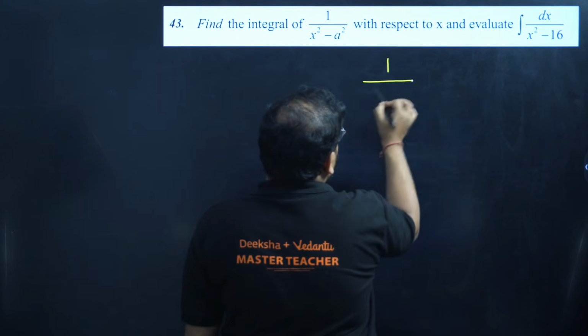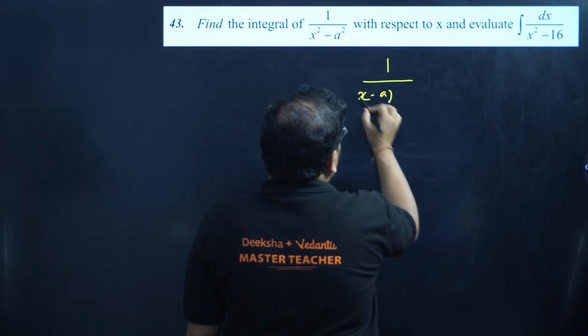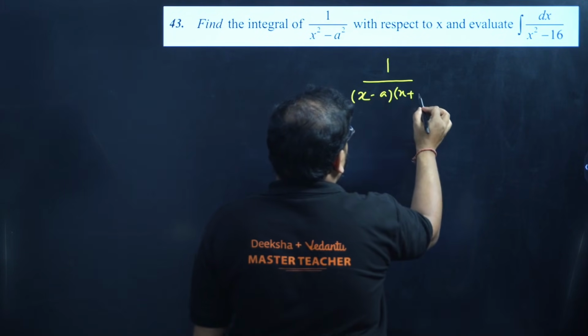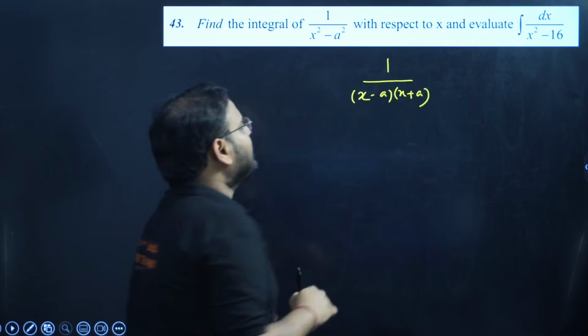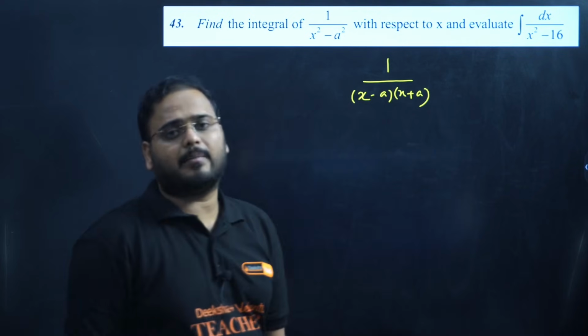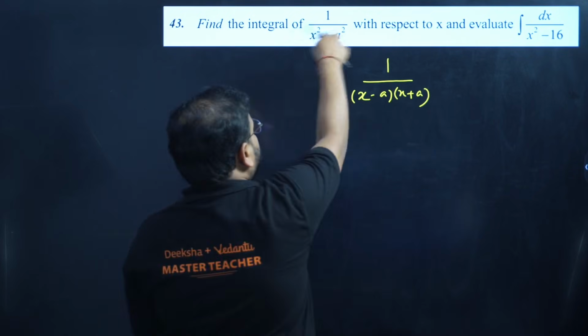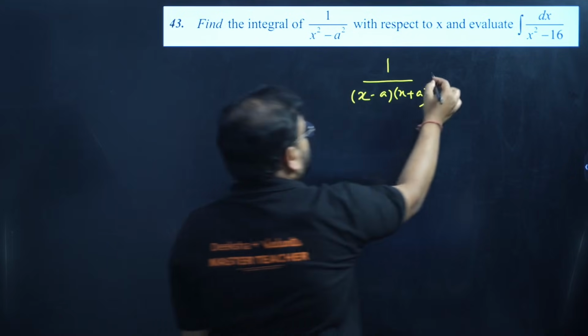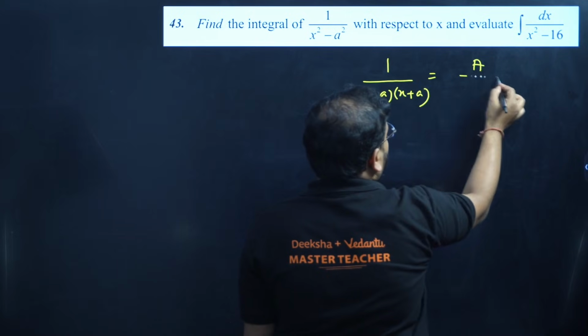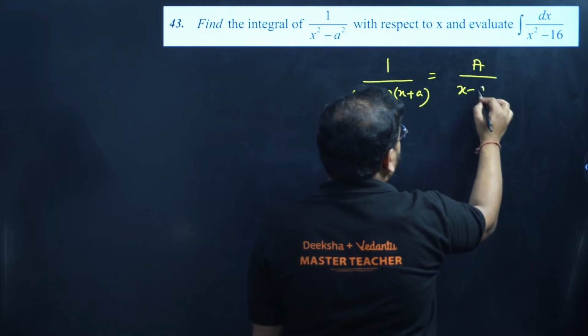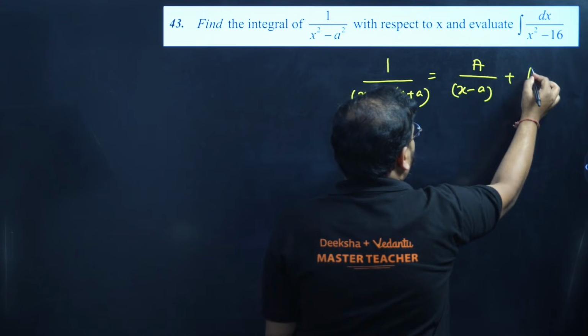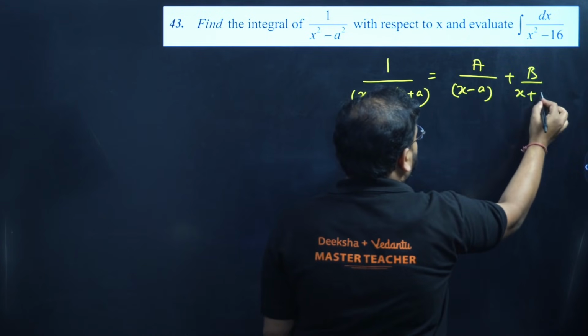We have 1 upon x minus a and x plus a, the factors of x square minus a square. Individually, we can write A upon x minus a plus B upon x plus a.